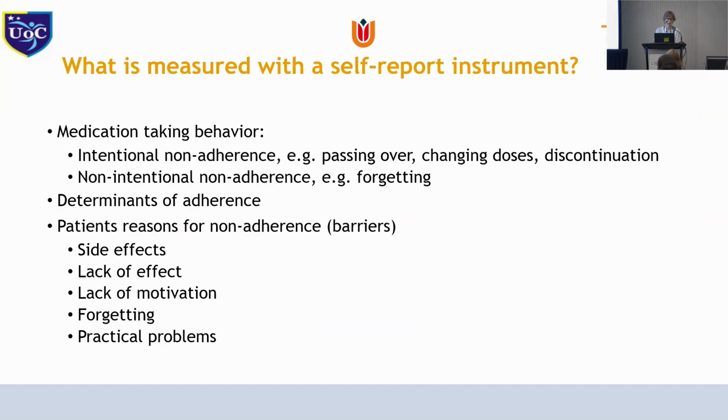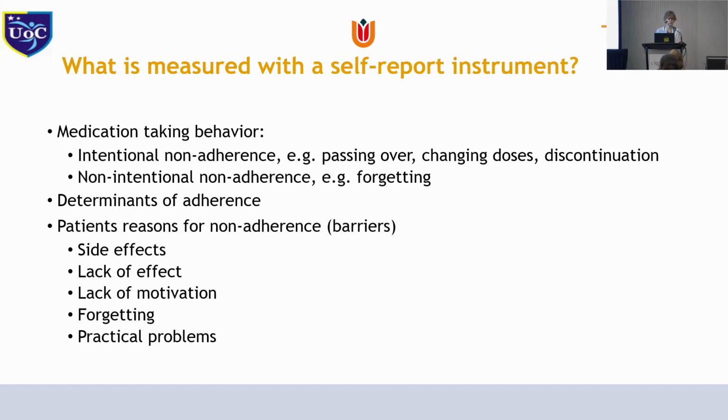In these cases, we are talking about intentional non-adherence. We can also ask whether a patient forgets to take 1 or more doses. When do you forget to take your medicine? And this is referred to as non-intentional non-adherence.